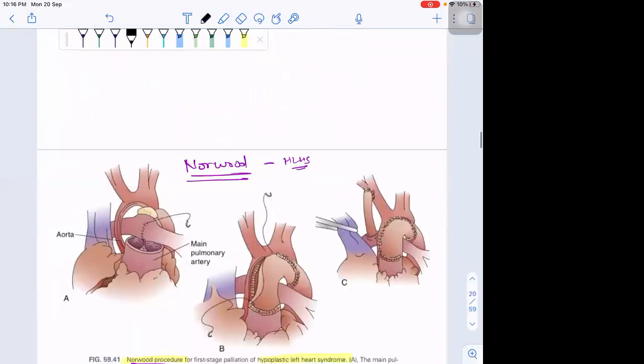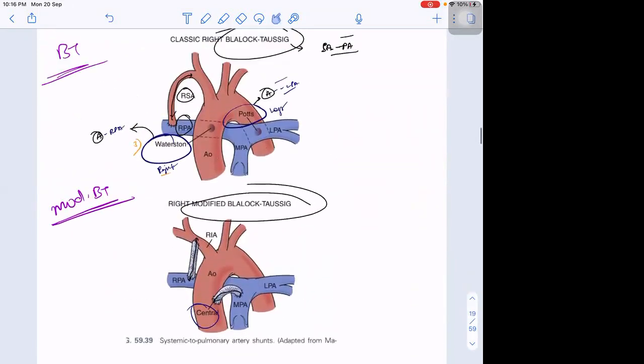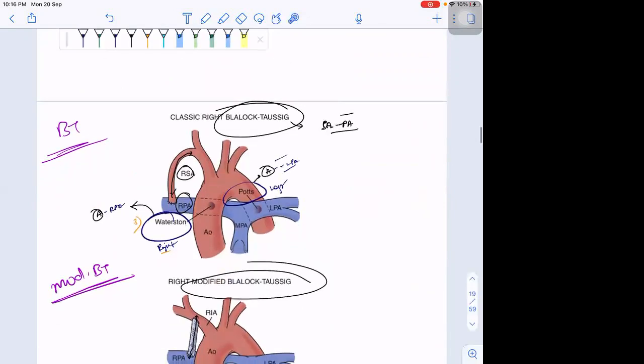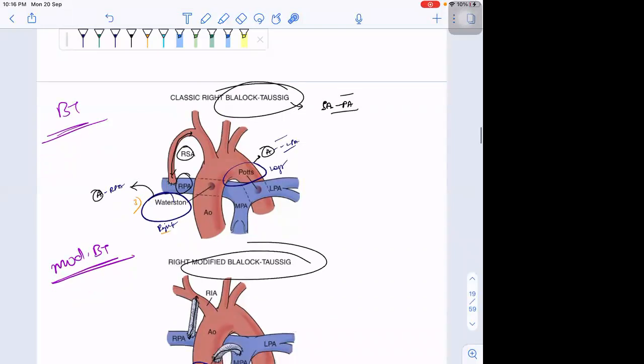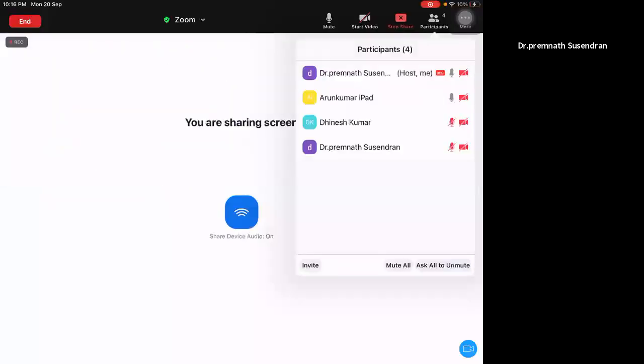So the BT shunt. Next we come to your Norwood. So this is clear: what is a BT shunt, what is a modified BT shunt, what is a Waterston shunt, what is a Potts shunt? Is it clear, or should I explain again?